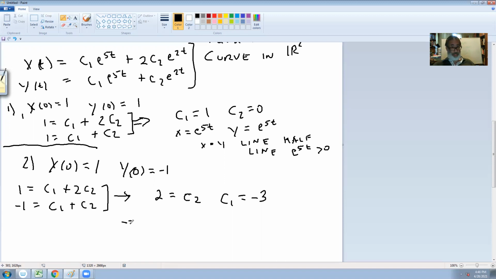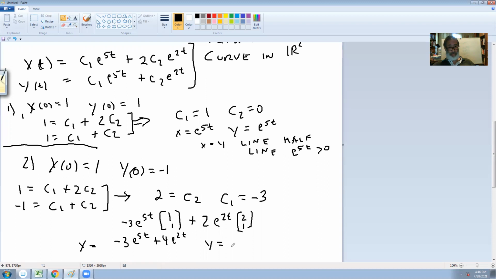We have minus 3 e to the 5t times 1, 1, plus 2 e to the 2t, 1, 1... So this leads to x is equal to minus 3e to the 5t plus 4e to the 2t, and y is equal to minus 3e to the 5t plus 2e to the 2t. Now, what the heck does that look like?